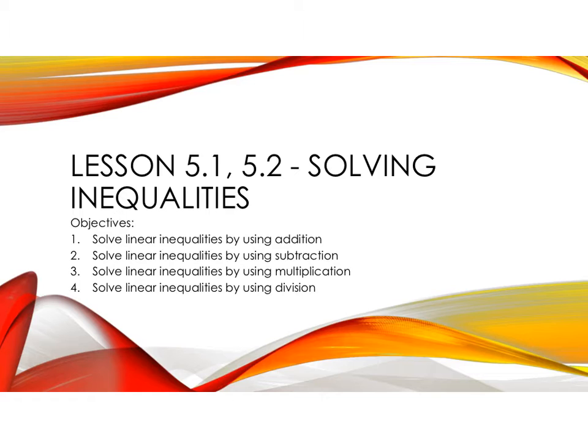Now a bit of housekeeping before we get started. These numbers, 5.1 and 5.2, are the book chapters and sections. If you go to your book, this lesson is Chapter 5, actually Sections 5.2 and 5.3. We're going to learn a lot in this lesson.